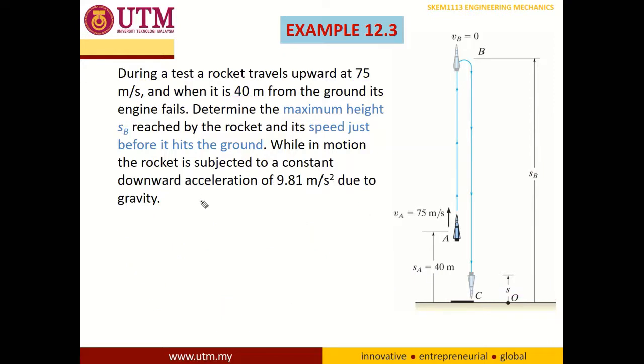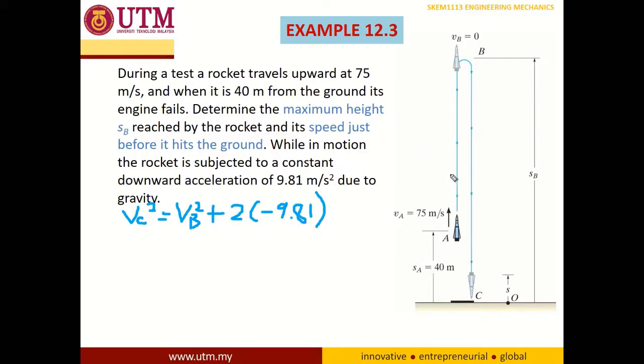Then we can use a similar formula, where now the last velocity is VC squared, and the initial velocity for this movement from maximum height to the ground is VB squared plus 2AC, minus 9.81.